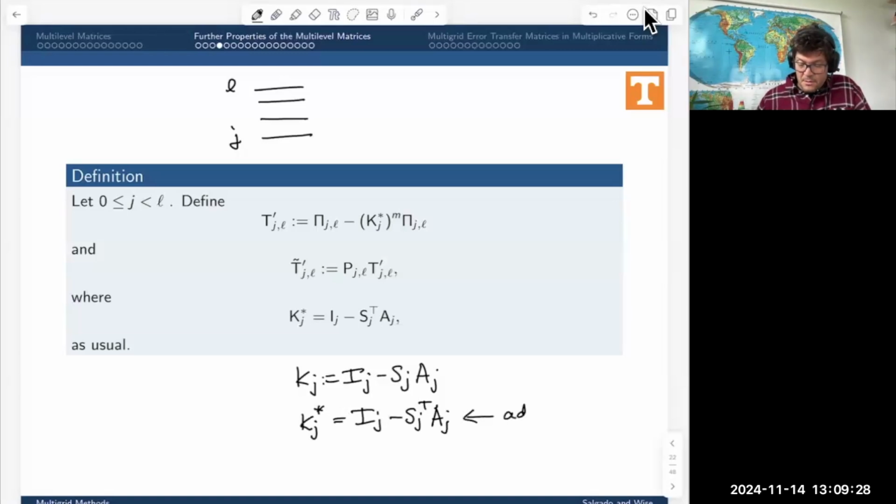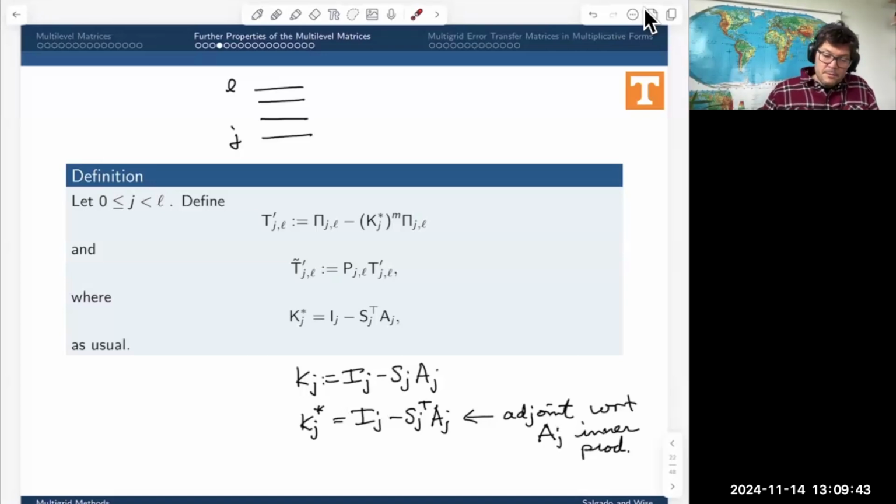This is the adjoint with respect to this inner product. Okay. So this is just a new definition, and it's exactly the same as the T matrix as we defined earlier, except that we replace this error transfer matrix for smoothing by its adjoint, KJ star.